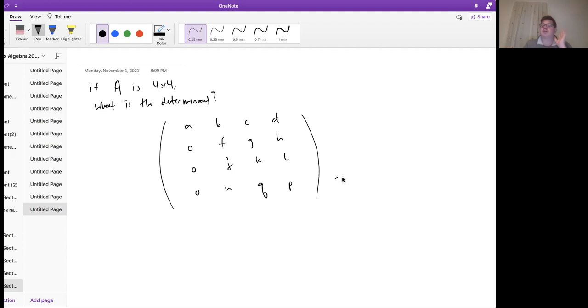So remember, try to recall the proof of the 3x3. How is this 4x4 non-singular? What do we do in the 3x3 proof to say something about the 3x3? You remember what we did? What must be true about this 3x3?